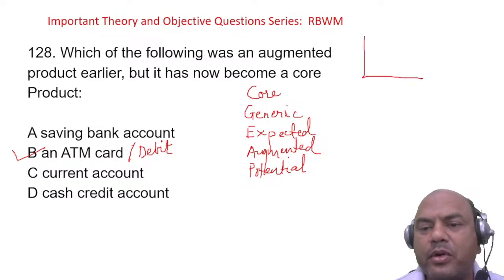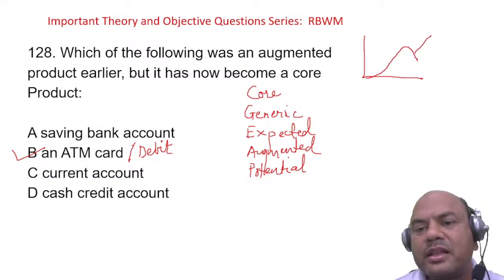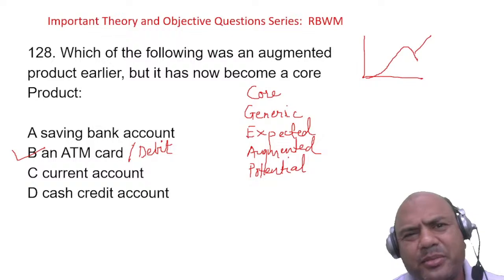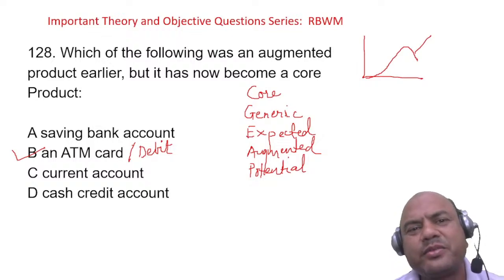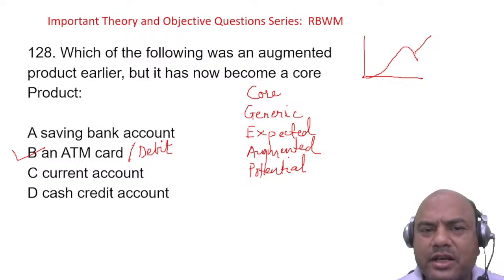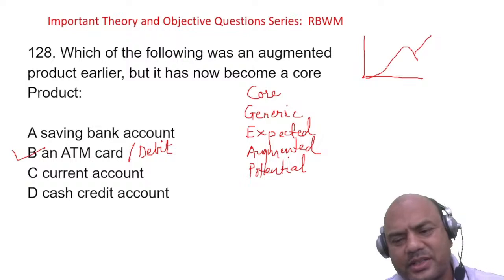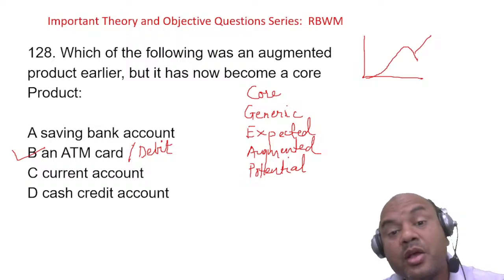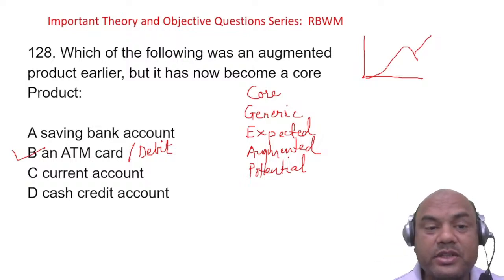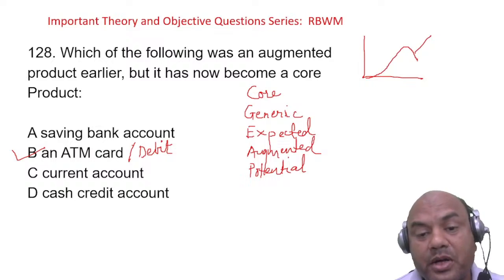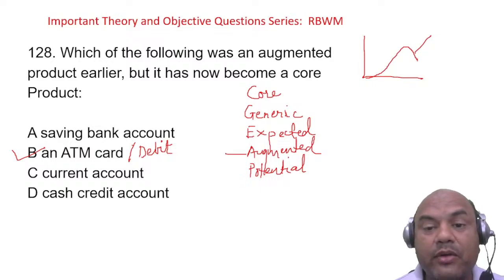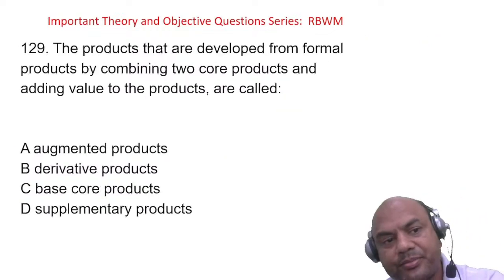If you draw this PLC, the debit card is over here, in decline. Even ATMs are without debit cards nowadays. Cardless withdrawals are allowed, so that's why it's in the decline stage. But the answer to this question is that it was an augmented product earlier, a surprise element, but now it has become a core product.